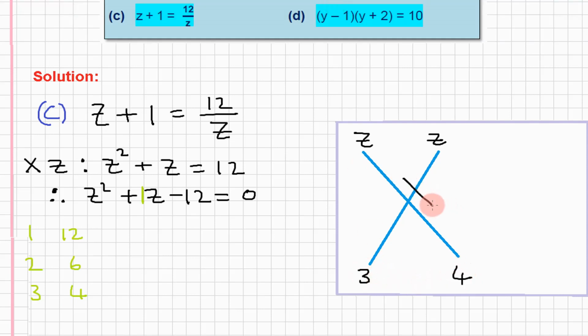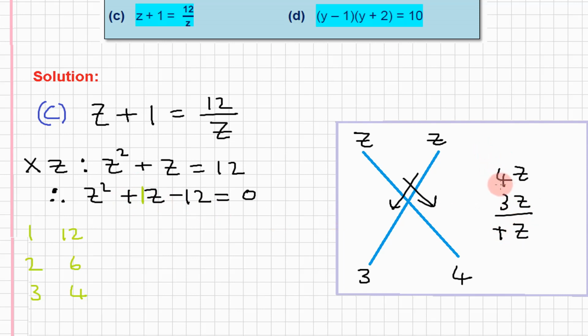Then cross multiplying, we get z times 4 is 4z, and z times 3 is 3z. Our middle term must be positive 1z or positive z.